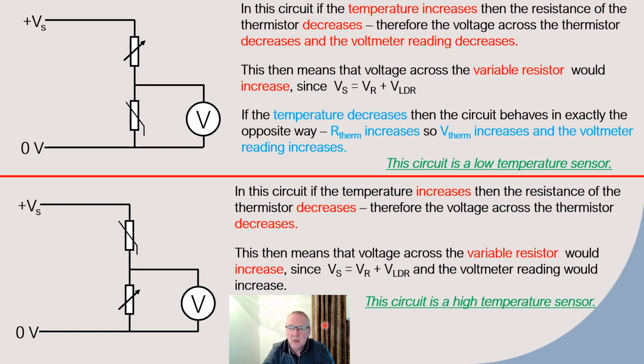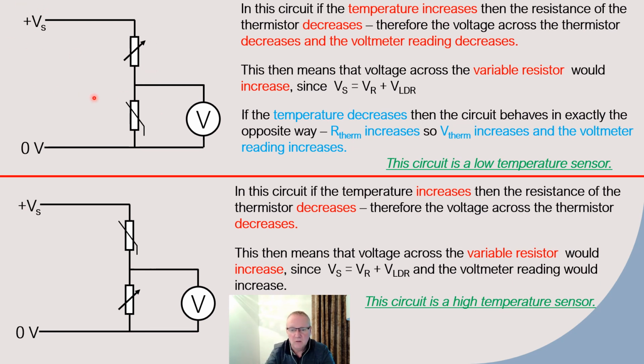This is always a complicated part of the course. I would say it's all extension work. Go through this PowerPoint a couple of times, take notes, and try to get your head round it. You're building on the knowledge you've got from previously about voltage divider circuits: that the share of the voltage is based on the share of the resistance, and that the voltage across each one of these things has to add up to the supply voltage.